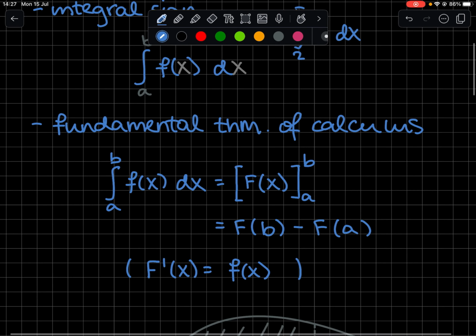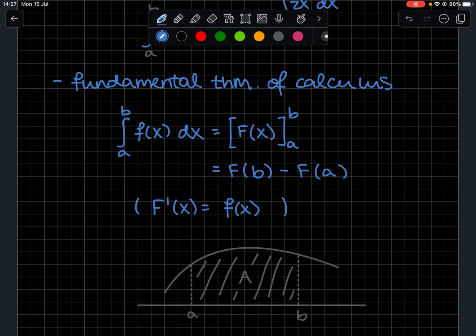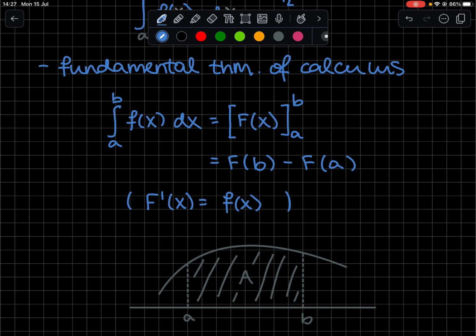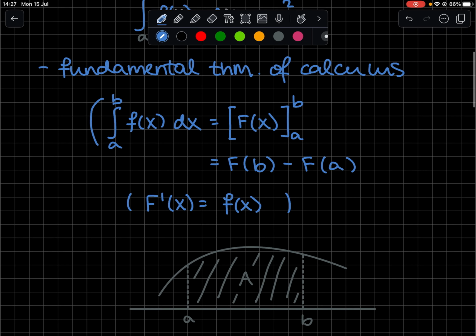And this fundamental theorem of calculus that we're going to talk about now gives us a sense of what that means, okay? So when we have boundaries, that means that this thing is equal to capital F of B minus capital F of A, where B and A are just read off from the boundaries over here. And now what is capital F?